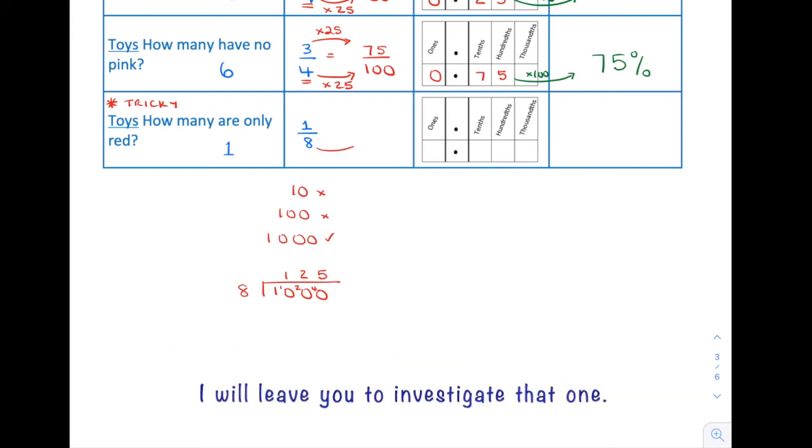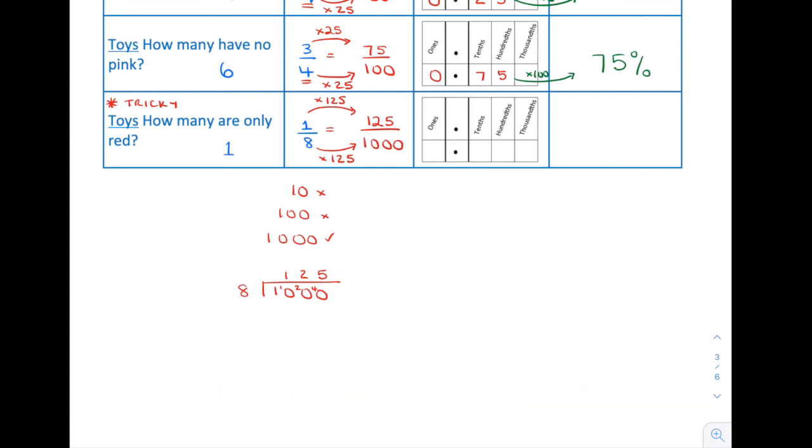So multiply the bottom of your fraction, 8, by 125 and the top by 125. 1 times 125 is 125. 8 times 125 is 1,000.